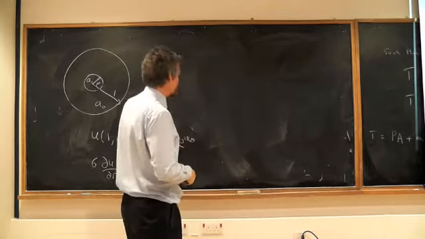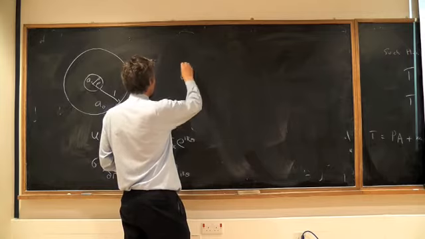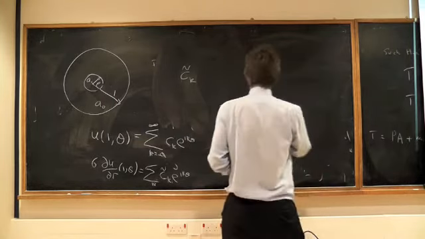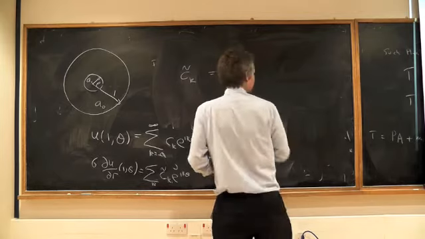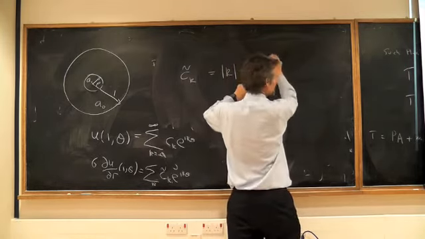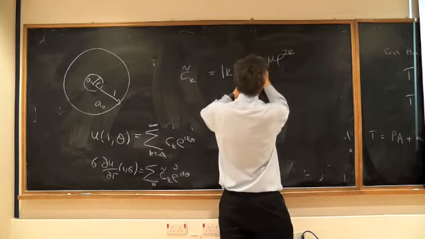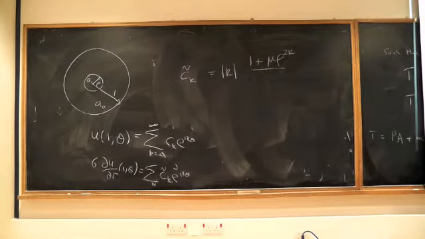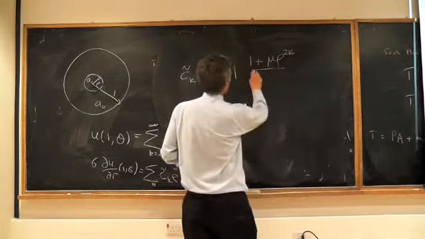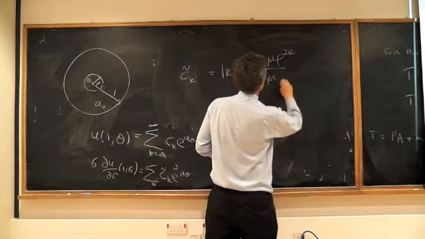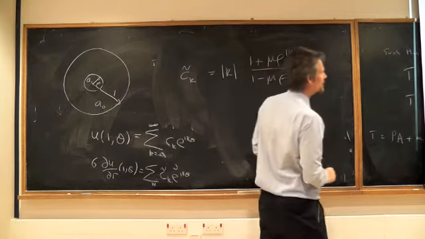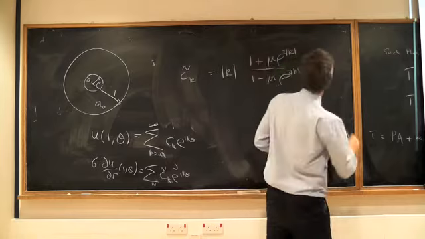And the nice thing about this is that the current density, its kth Fourier coefficient, turns out to be, I've written it as k instead of n here, so I just have to translate, absolute value of k times 1 plus mu, for our remote audience, I'm copying this off the slide, at least I was until the projector cut out, 1 minus mu, sorry, that's not 2k, that's absolute value 2k.